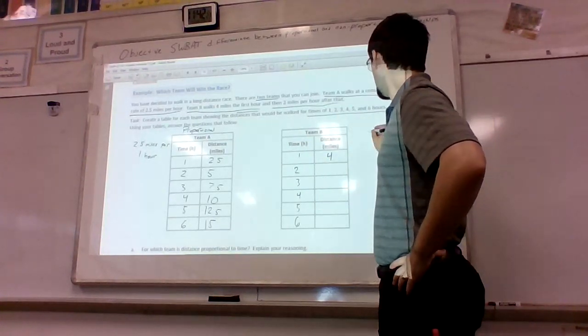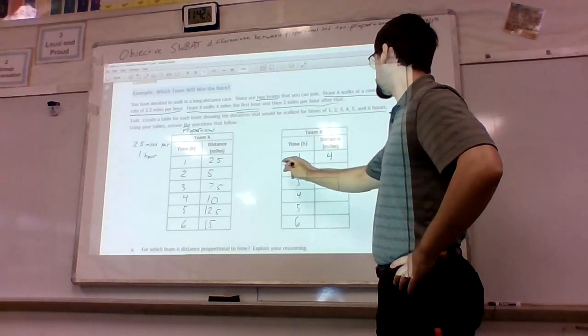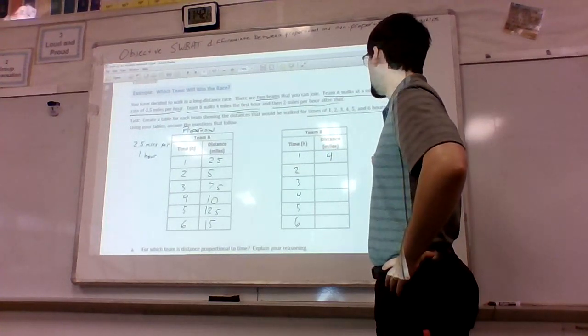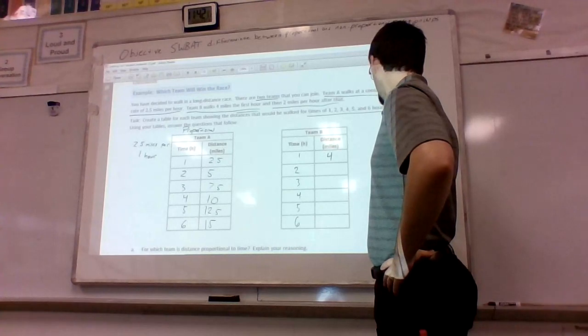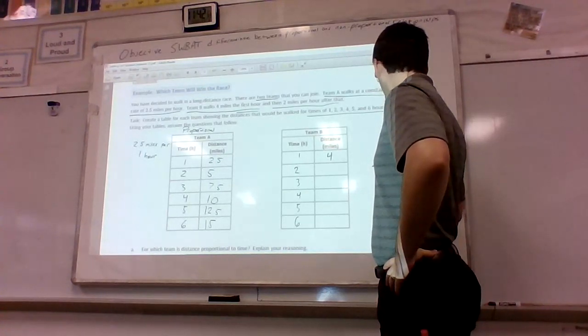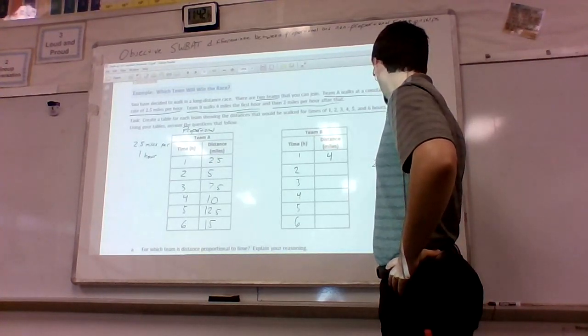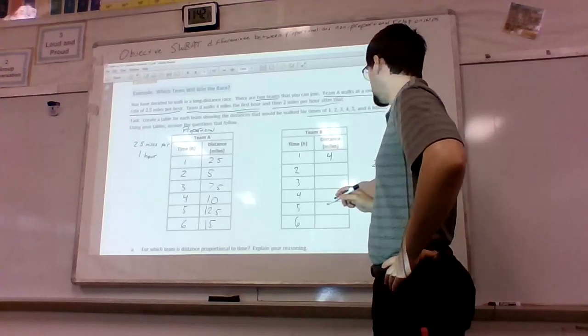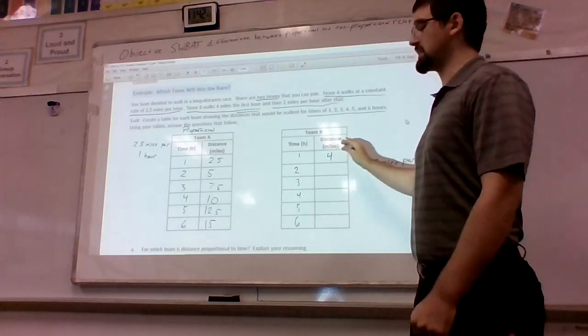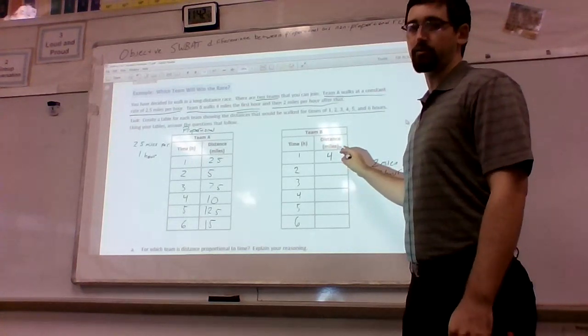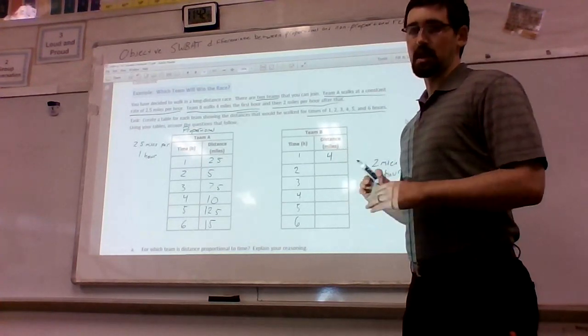So after this first hour, now they have a constant rate of 2 miles per 1 hour. So now it's predictable. However, because just that one point is not following the rate, it's not proportional.